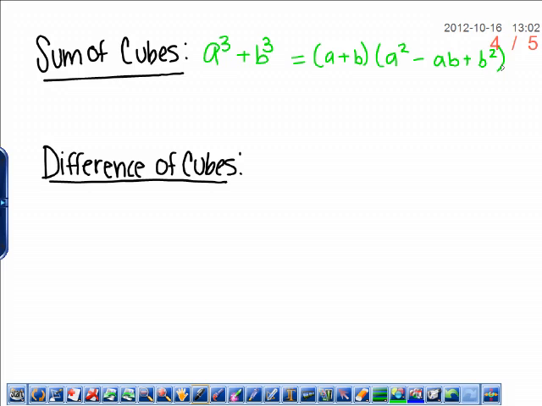A plus b times a squared minus ab plus b squared. Okay?